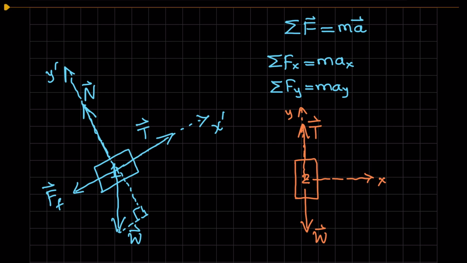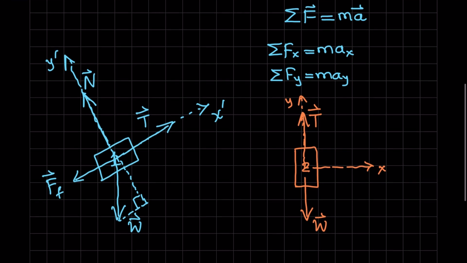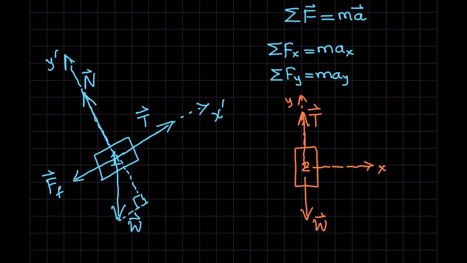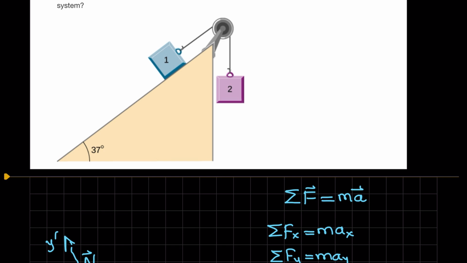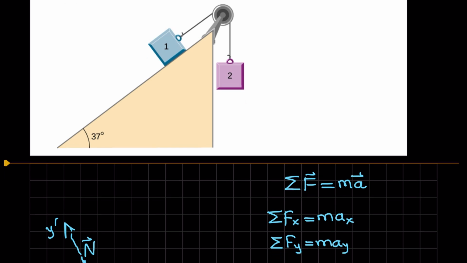Now that we have the free body diagram for block one, the only thing that's missing is breaking up the weight vector into component parts, and to do that, we need this angle. I can argue that this angle is 37 degrees because this angle is 37 degrees. There's a quick way to identify this, right?